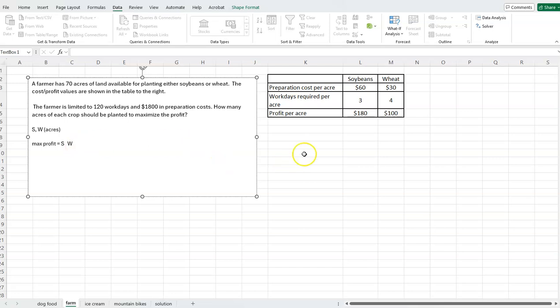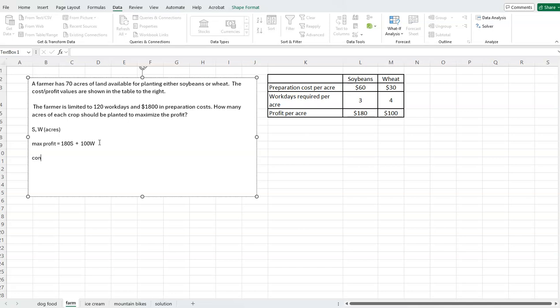So we'll look over here at the table and we see, yes, an acre of soybeans gives us a profit of 180, so that is the coefficient of S. And then wheat has a profit of 100 per acre, so that coefficient would be 100. And to get the total profit statement, we just want to add the profit on each of these different crops. So there we go, we got our objective function.